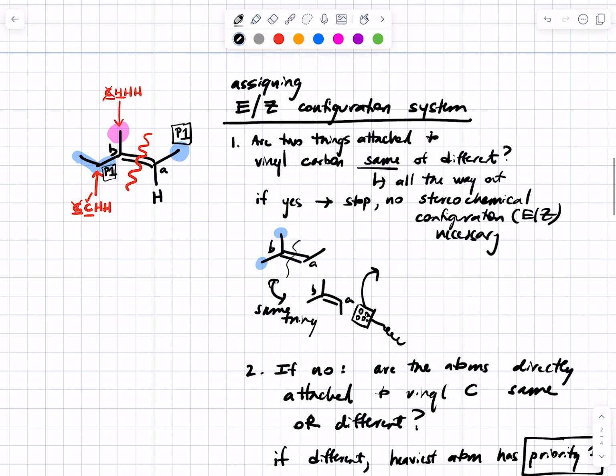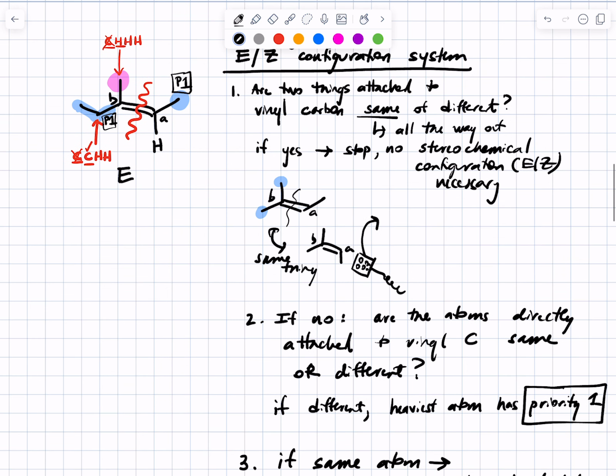So what would we say for this alkene? Is it E or Z? E. So a complete name for this molecule now is going to give us the stereochemical configuration of the molecule. Now this is a 1, 2, 3, 4, 5 carbon chain. That's a pentene.